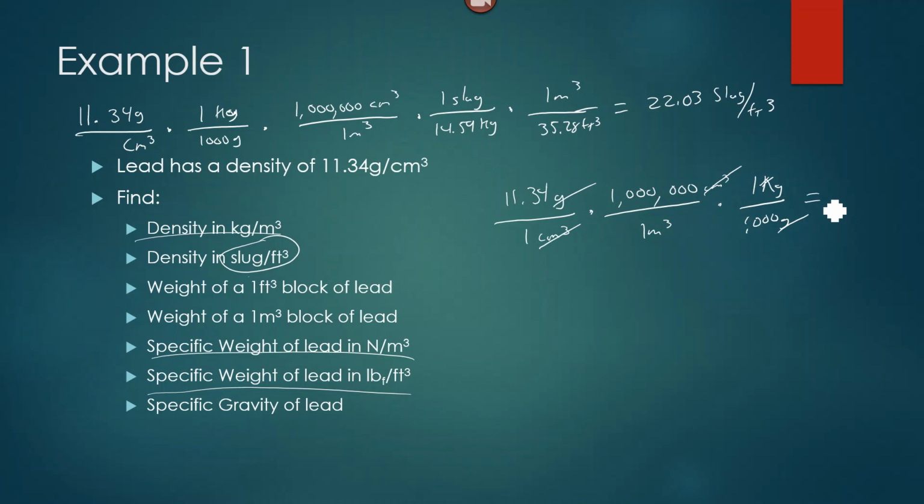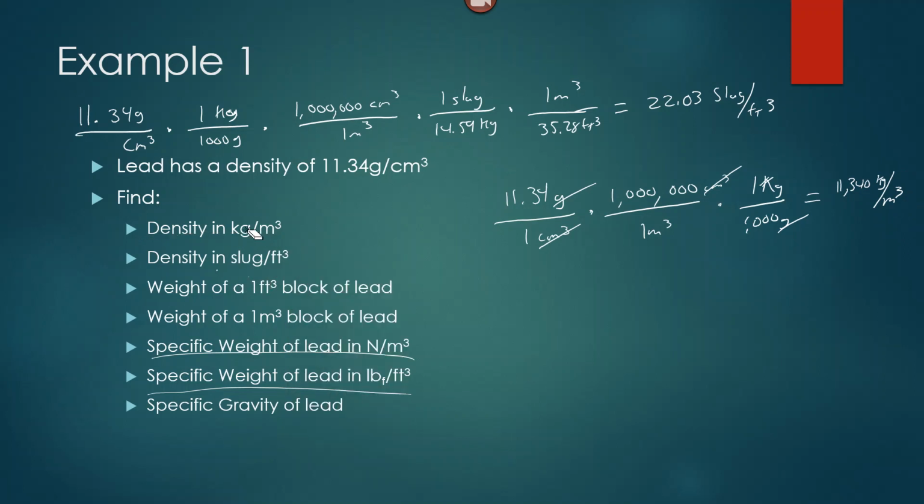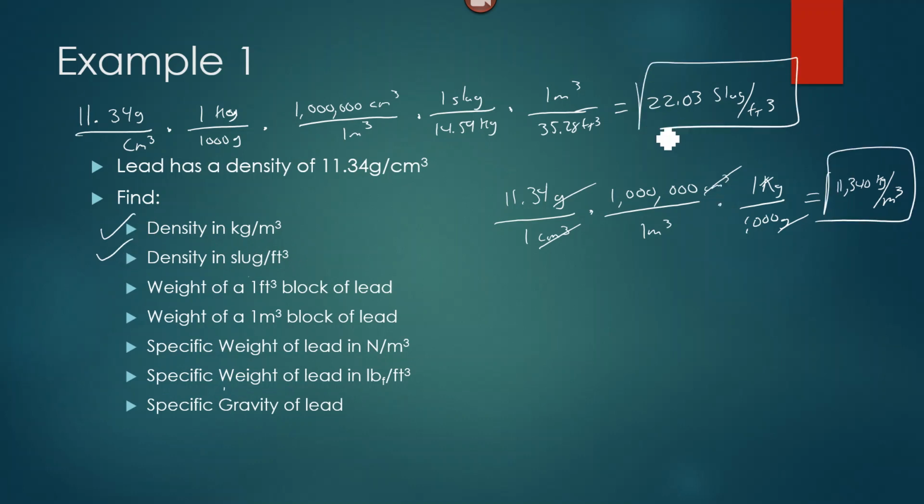So we end up with 11,340 kilograms per meter cubed. So there's this one. So let's go ahead and check mark that one. So there's that one, there's that one. There's one answer. There's two answers.